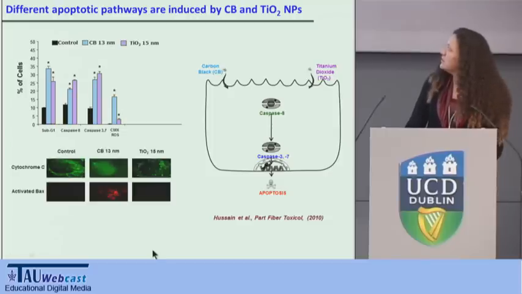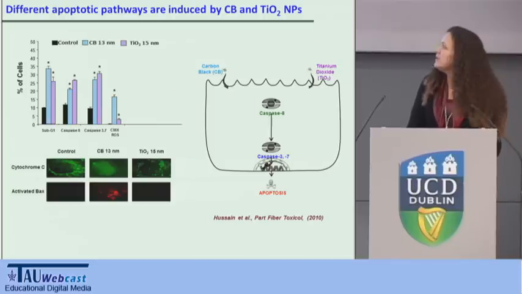This induction of a mitochondrial pathway is confirmed by immunohistochemical analysis, showing a release of cytochrome C from the mitochondria, but only after carbon black treatment and not with titanium. And there is an activation of the pro-apoptotic protein Bax.